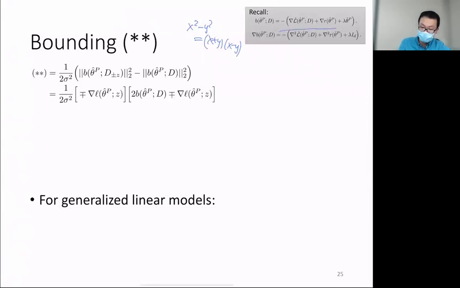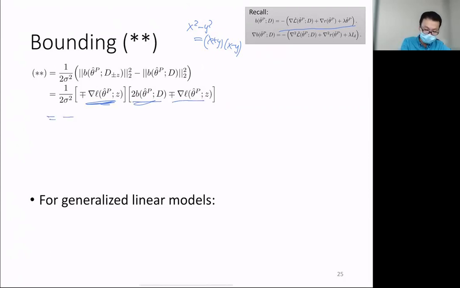And when we look at what this looks like, you will see that the difference only gives us the differences in the gradient of this individual additional individual that we add, and the sum of this becomes like 2 times this b plus or minus this additional individual.